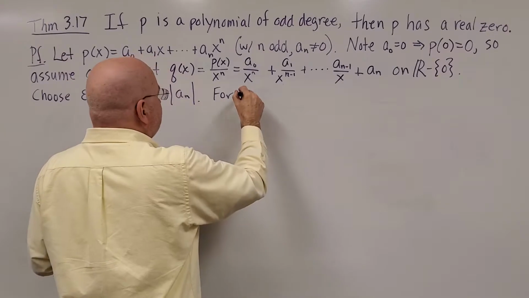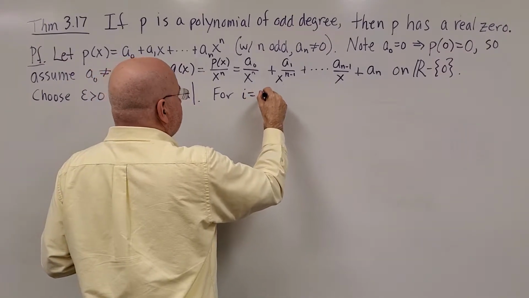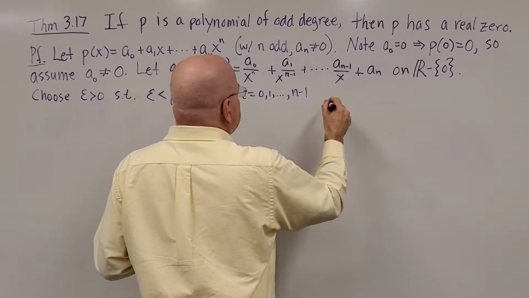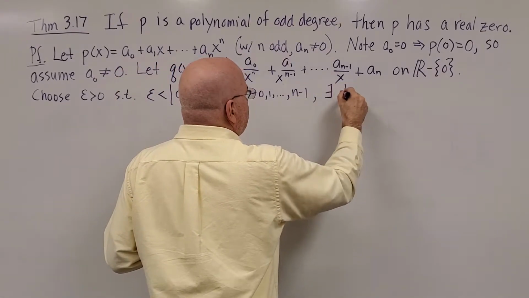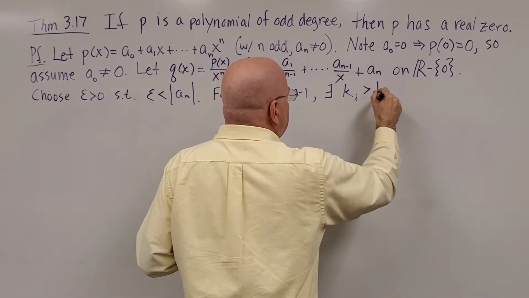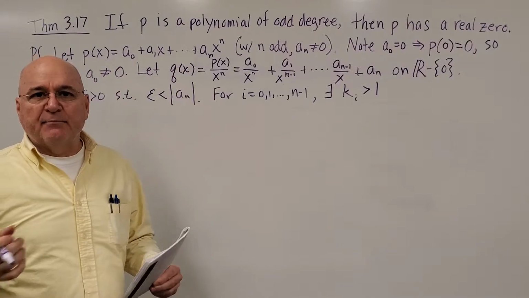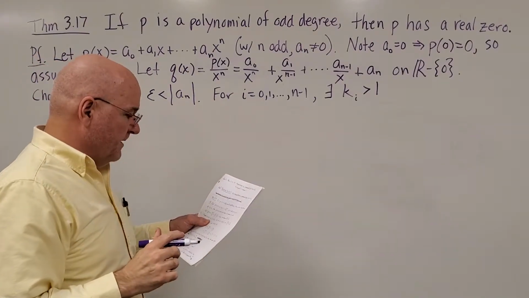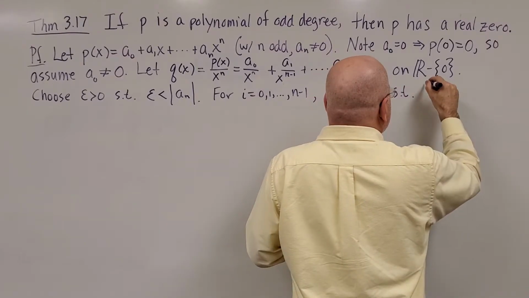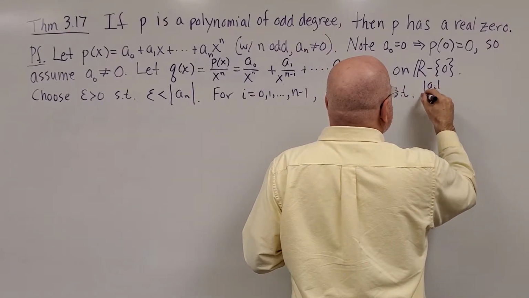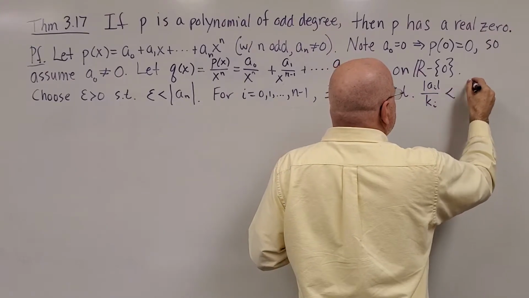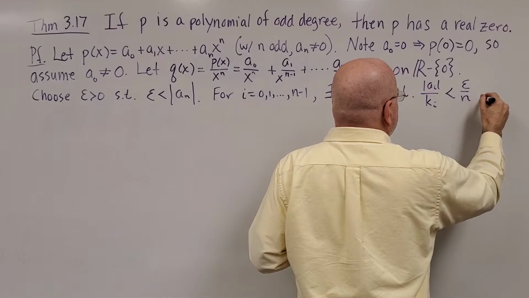And for i from 0, 1, all the way up to n minus 1, there exists a k_i, just some real number k_i greater than 1, such that a_i divided by k_i is less than epsilon over n.